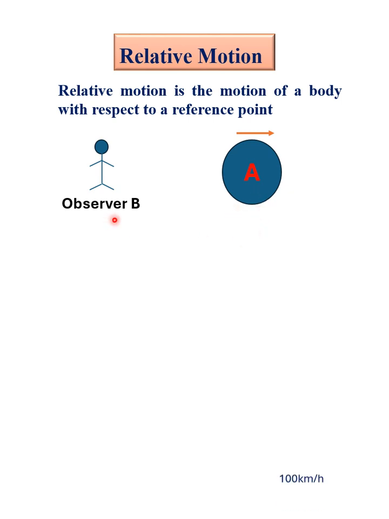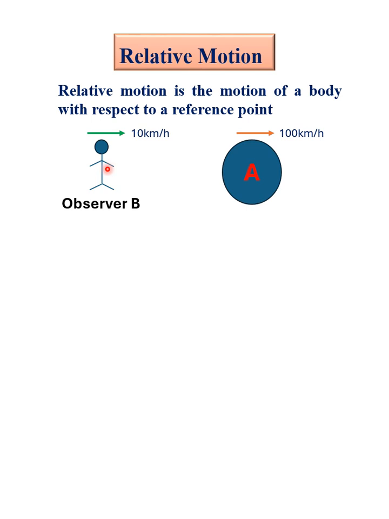For instance, if A is moving at a speed of 100 km per hour, while the observer B is standing in this position, the motion of A as observed by B, or the motion of A with respect to B, is simply 100 km per hour. However, let's assume that the observer B is also moving at 10 km per hour.